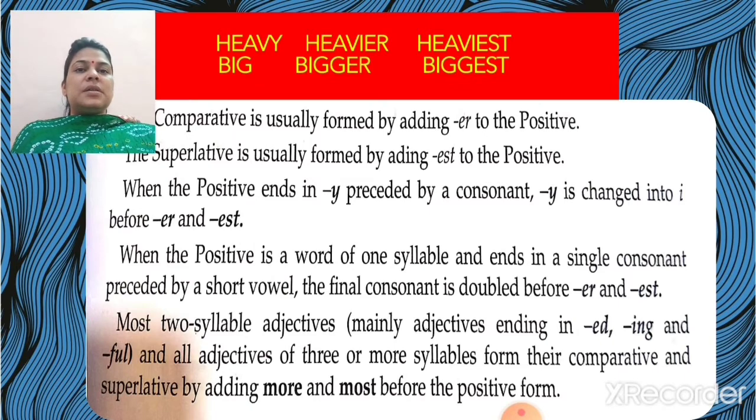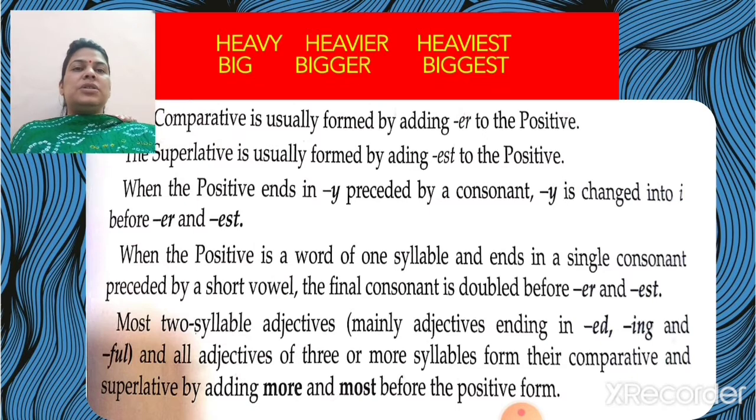When the positive is a word of one syllable, meaning one stress, you can speak it in one go. Example, big. Big you can just speak in one sound, and it ends in a single consonant, G, preceded by a short vowel, that is I. Then the final consonant is doubled before ER and EST.